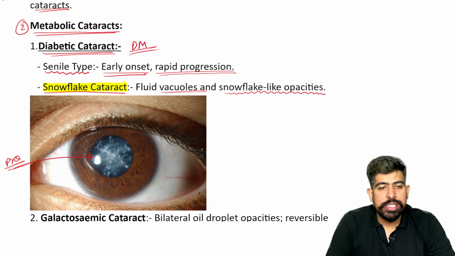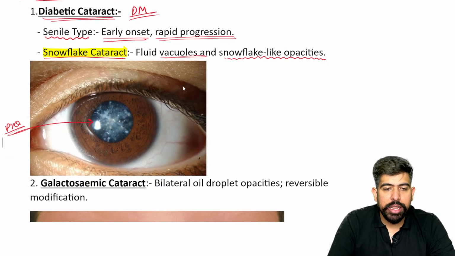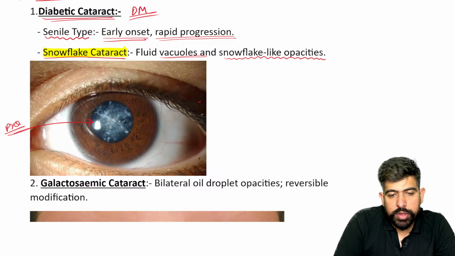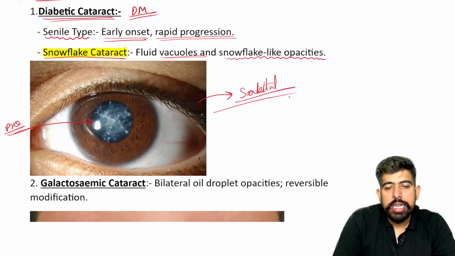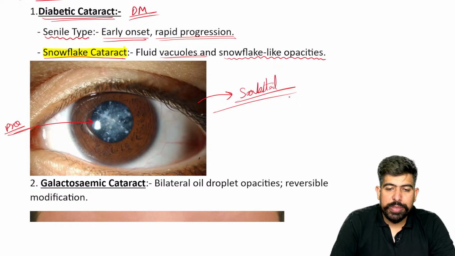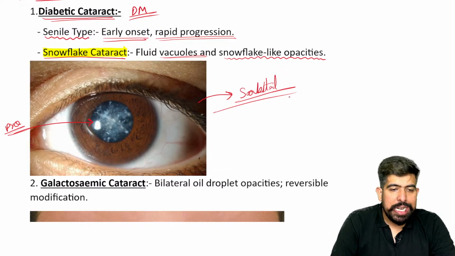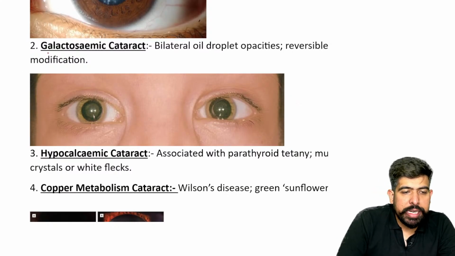Please remember, this is seen in diabetic cataract, and they also ask due to which substance accumulation. So write down here: sorbitol. Now moving forward to the next one, which is galactosemic cataract.